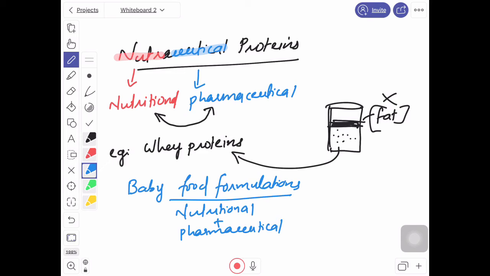You know, human milk, cow milk, buffalo milk, they are actually consumed during infancy because the child depends upon these things, and they all contain both nutritional substances as well as pharmaceutical substances.